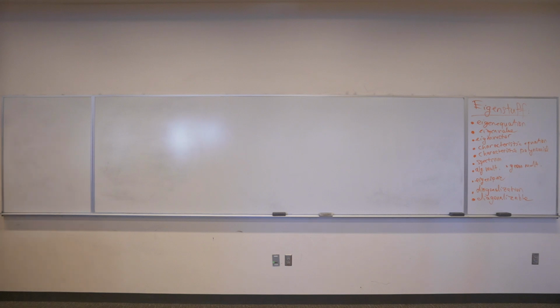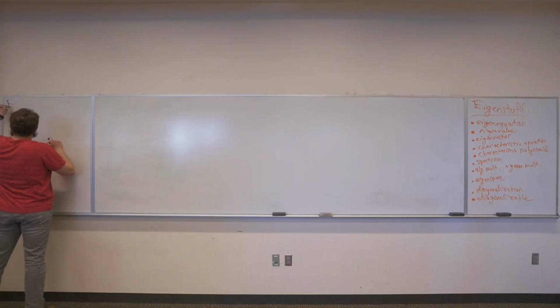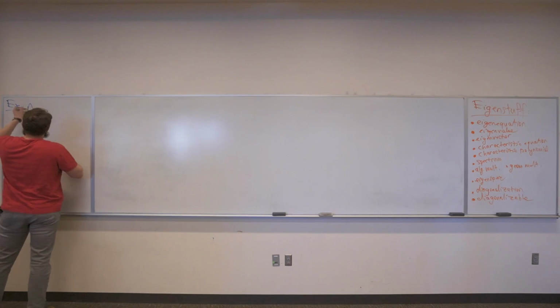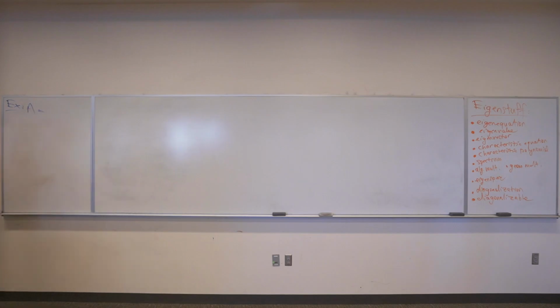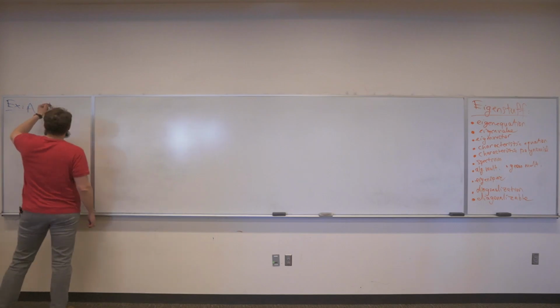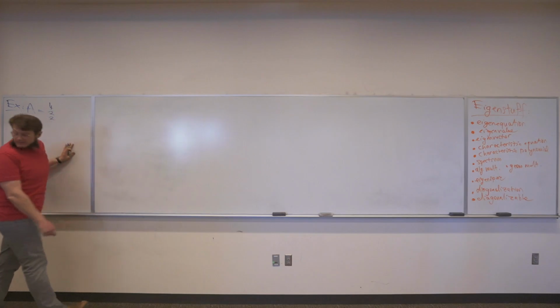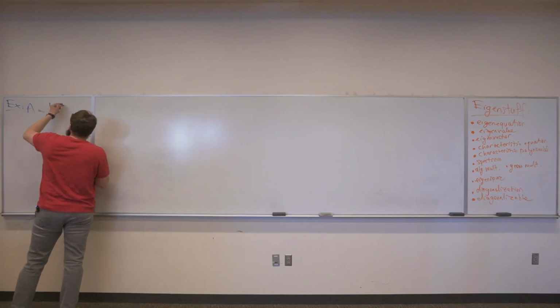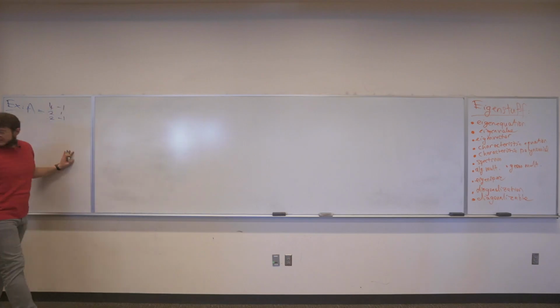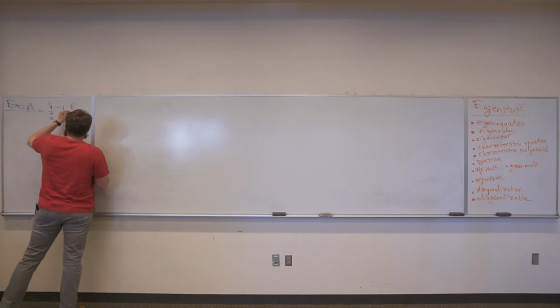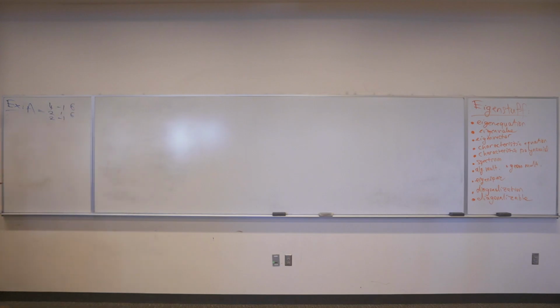Okay, so this was the example that we were looking into. I have this 3 by 3 matrix. I'm just going to recap all the calculations we've done so far. 4, 2, 2, and then minus 1, 1, minus 1, and then 6, 6, 8.